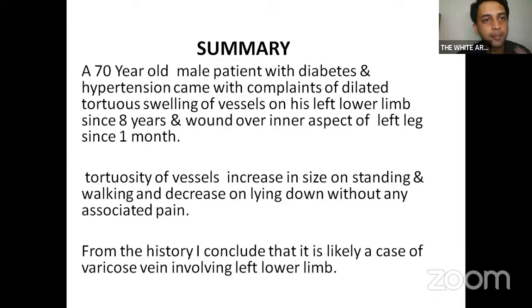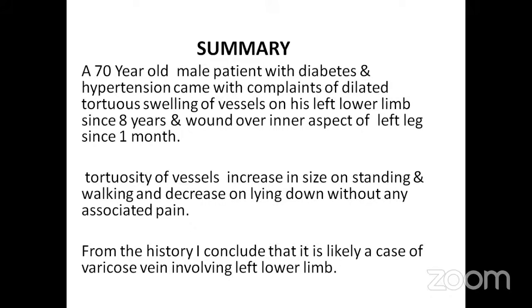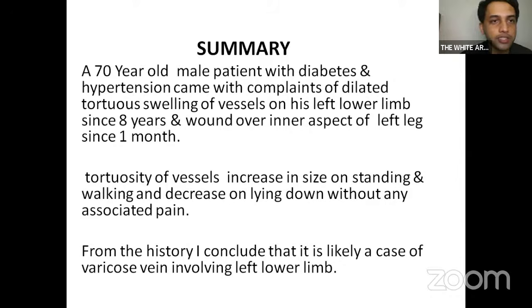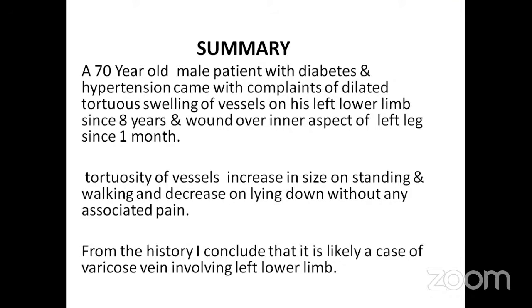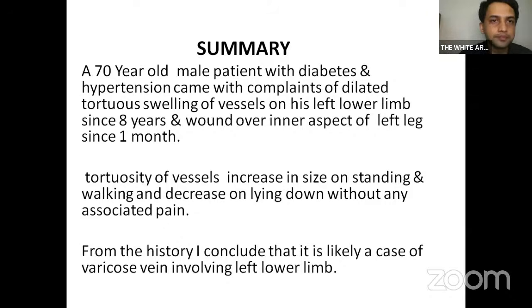Any primary etiology in the muscles, the vein or the valve. Yes, sir. This is primary etiology. And what is the secondary etiology? Secondary etiology is due to any obstruction in the abdomen or pelvic area, like a pelvic tumor or an abdominal tumor, obstruction.